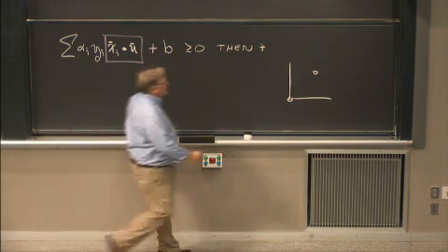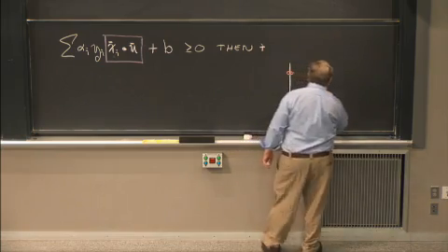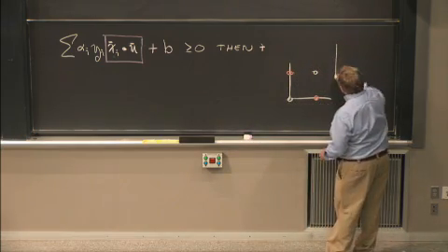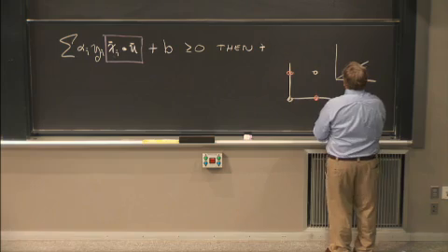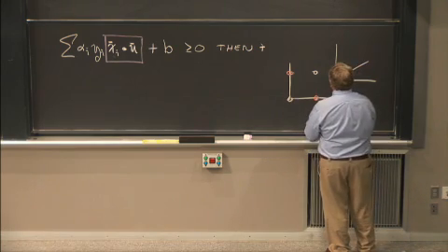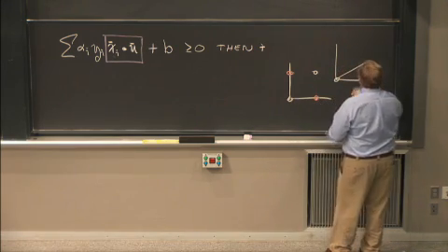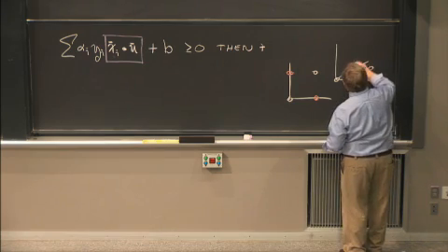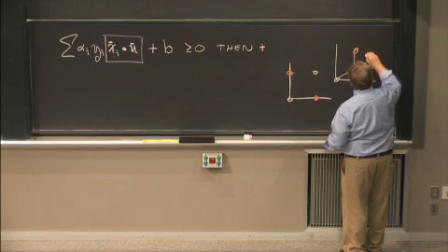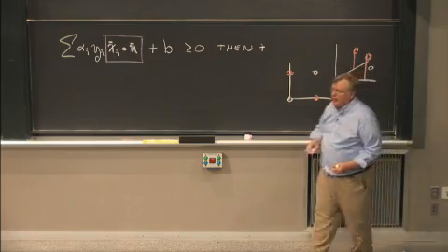Here are 2 other points. We can't separate them, but if we could somehow get them into another space, maybe we can separate them because they look like this. In the other space, and they're easy to separate.